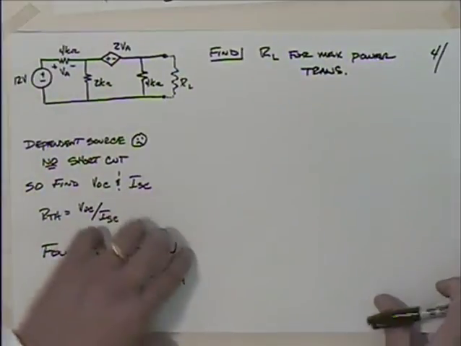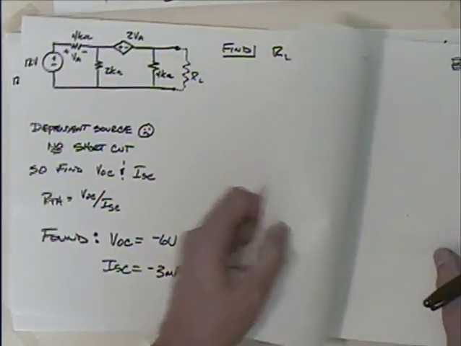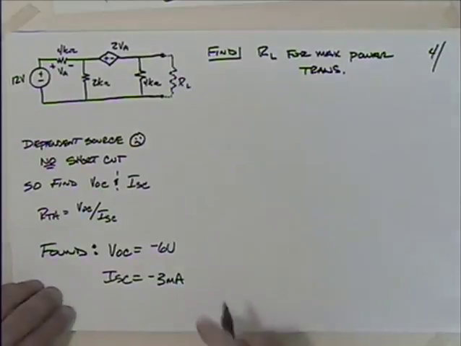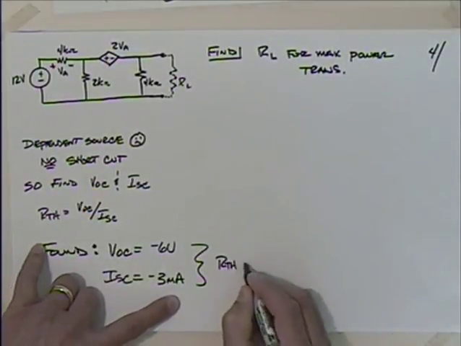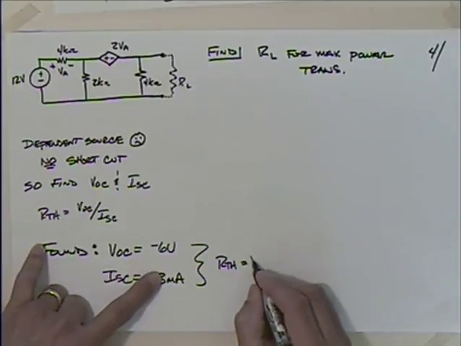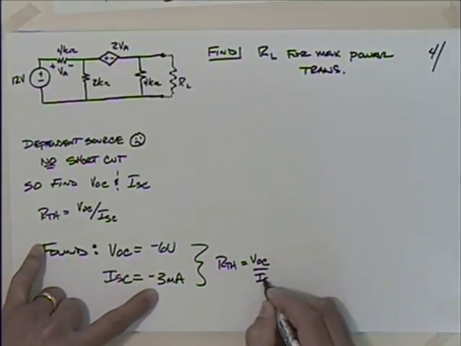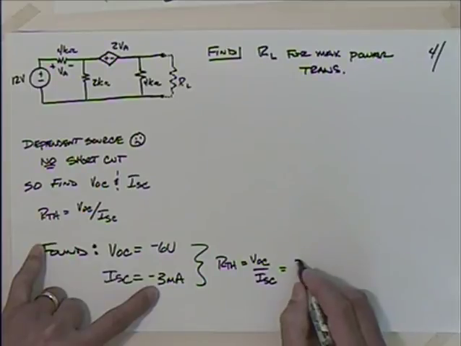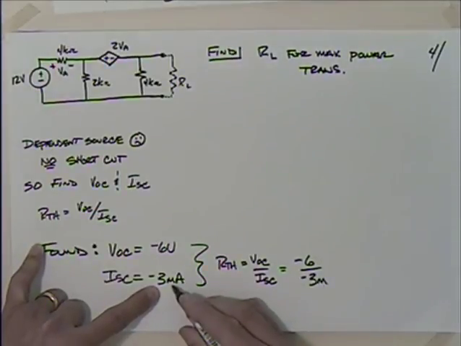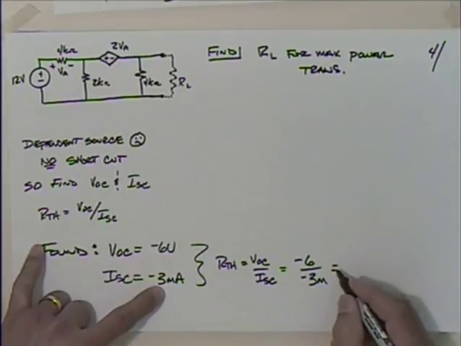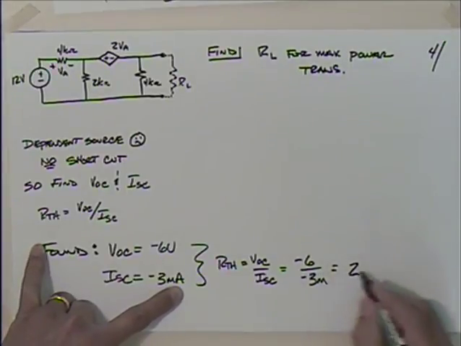So we could say then that our Thevenin resistance is equal to V open circuit divided by I short circuit, which is minus 6 divided by minus 3 milli. Got to make sure you keep that milli in there, because we're going to come up with an answer of positive 2 k ohms.